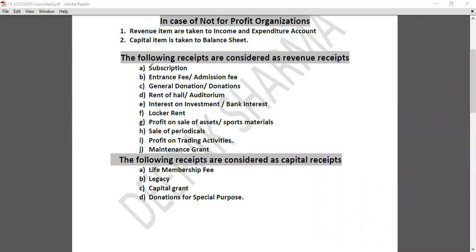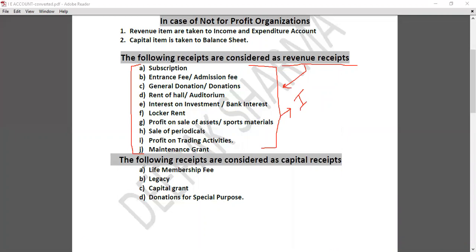The following are the items which are generally considered as revenue receipts. Revenue receipts will be taken to the income and expenditure account. You can just read them one by one. These are the items which will generally be considered as revenue receipts, and they will definitely be taken to the income and expenditure account and considered as income.